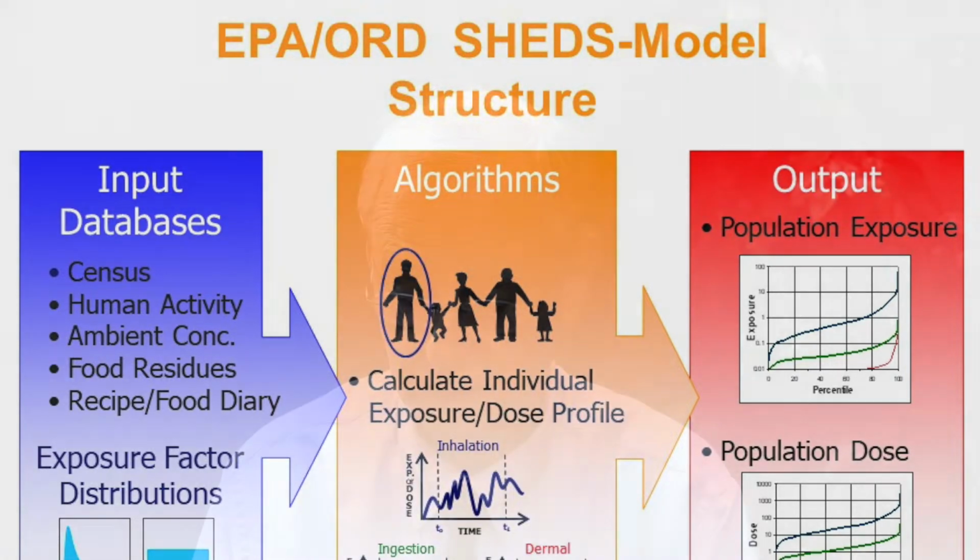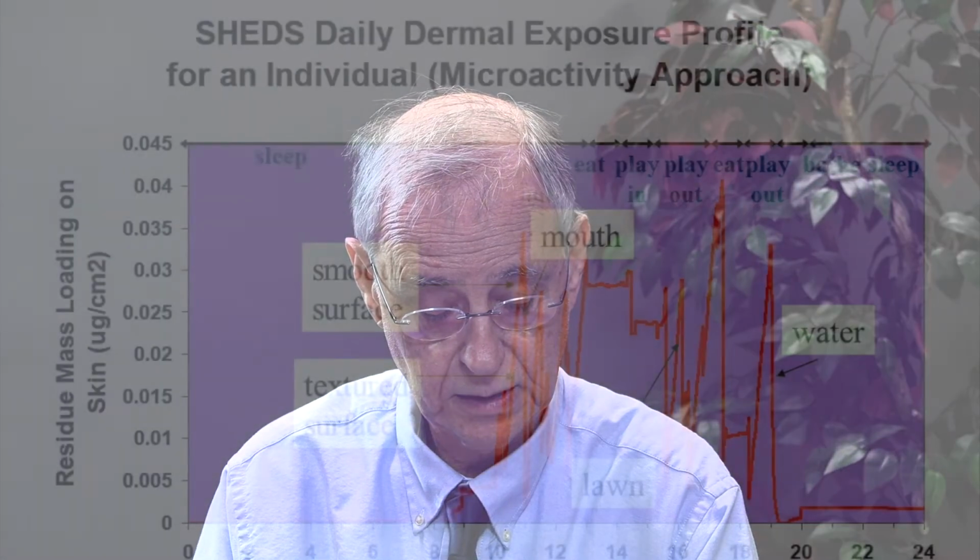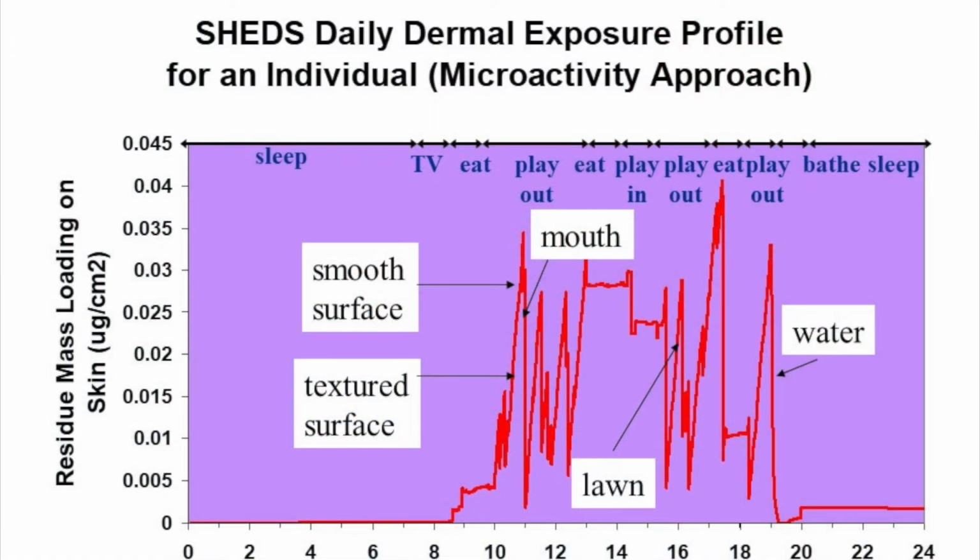Okay, next slide. I already said quite a bit about it. Slide number 19 is the dermal exposure profile. This is a real example based on a child's diary. The child starts his or her day around 10 o'clock, playing on textured and smooth surfaces like a sofa and couch indoors, and then does a hand-to-mouth activity, which lowers the concentrations on the hand or skin surfaces.